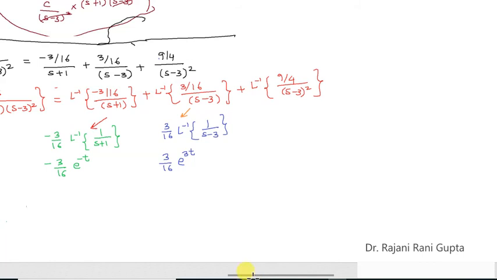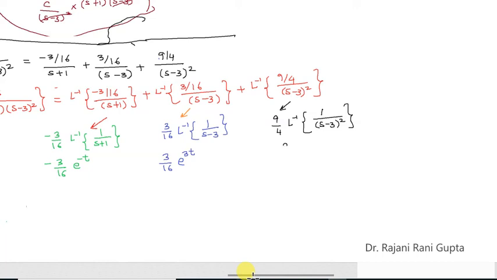For this term, we can write it as 9 over 4 Laplace inverse of 1 over (s minus 3) power 2. Now we don't have a rule directly for this, so we have to use the shifting property here.